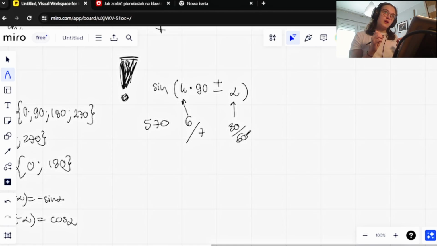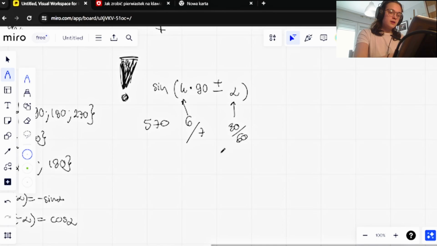If you have an odd number, you change the function to cofunction. Here it's an even number, so you don't change, you stay with sinus, and you forget about the 90s and just put alpha. But that's not where the fun ends. You need to think if the function is negative or positive, and this is how.